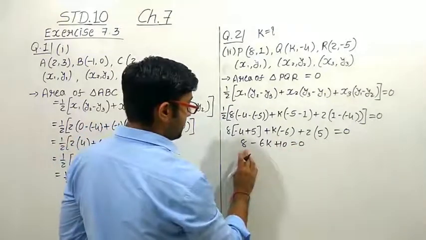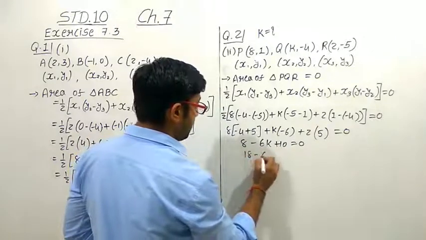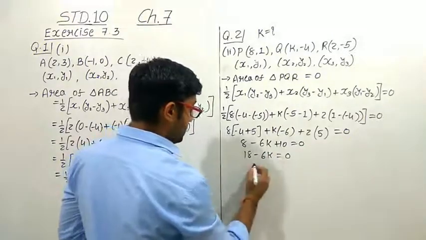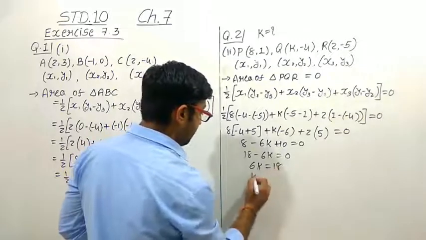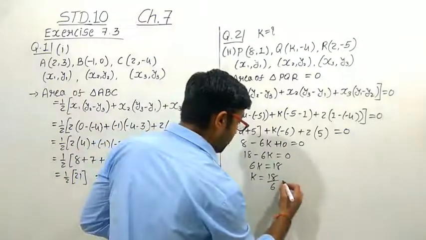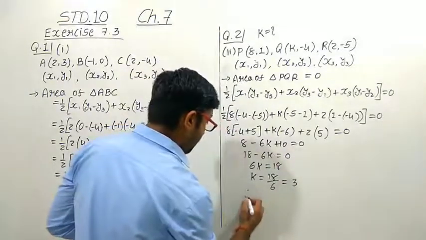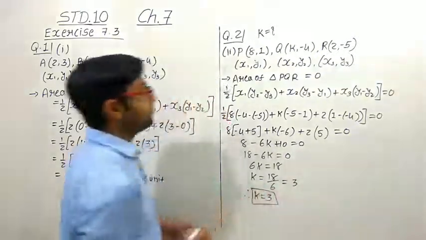Now 10 plus 8 is 18. So here you get 18 minus 6k is equal to 0. Take this 18 to the right hand side, we get 6k equal to 18. And the value of k is 18 upon 6. When we cut the common factor, 6 threes are 18, so 3. Therefore, the value of k is equal to 3.